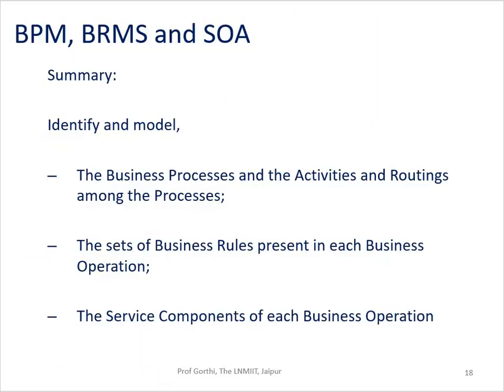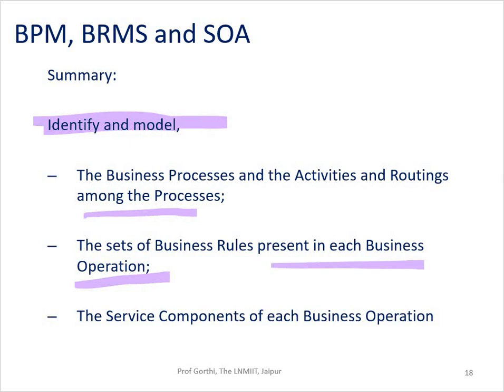Right, so let's quickly summarize what we have done. Identify and model, that's what our actual aim is. So the business process and the activities and routings among the processes are to be identified. The set of business rules present in each business operation I have identified.